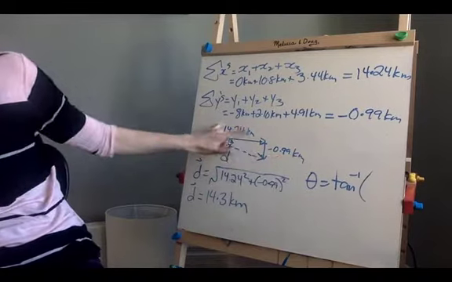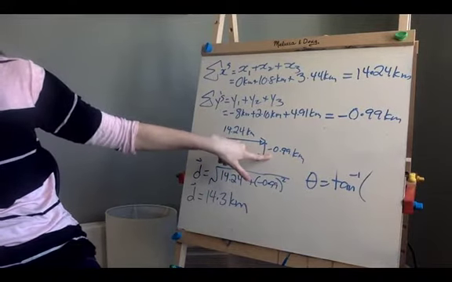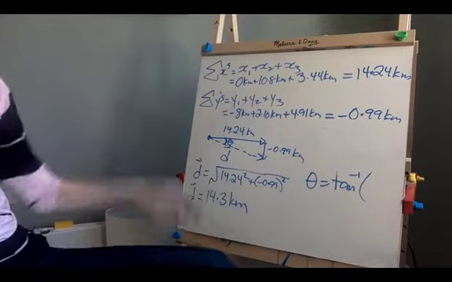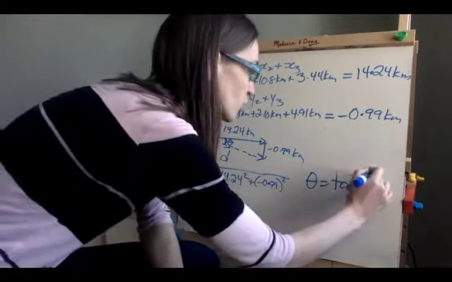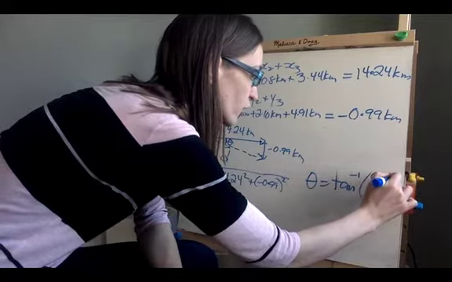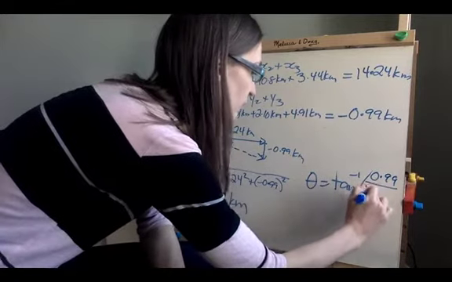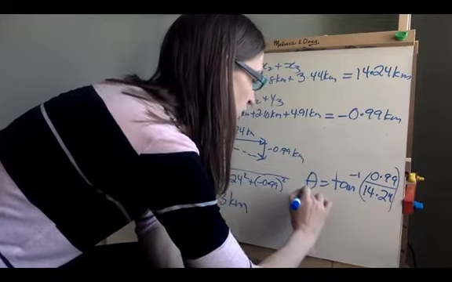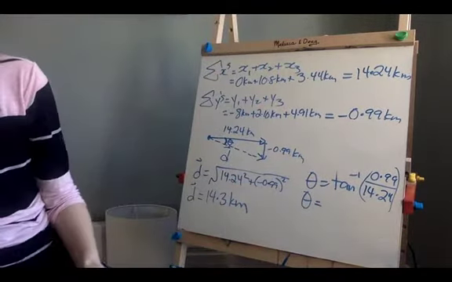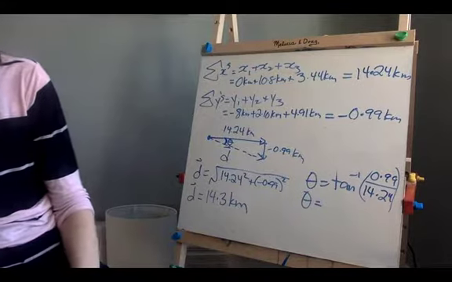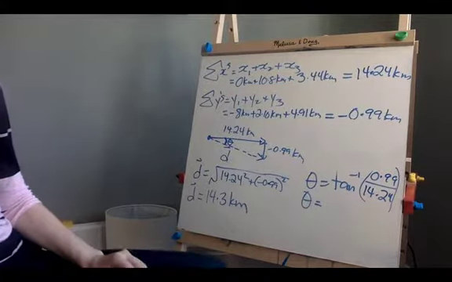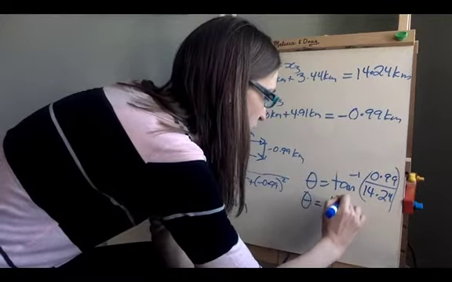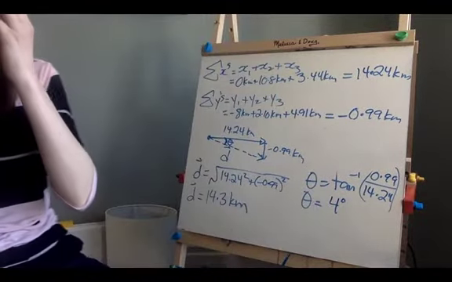Don't worry about whether these values are positive or negative. Just use the positive values to get the right angle, and then you put the direction in yourself. So this would then be opposite, so just use the positive version of 0.99 divided by the adjacent, 14.24. And we tan inverse that value, and what you get there is an angle of 3.98. Let's call it a nice 4. So you get that value is 4 degrees.